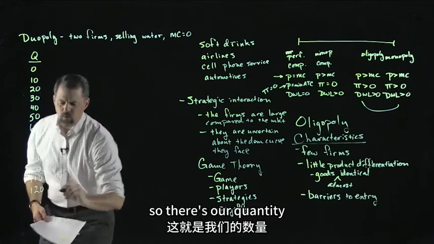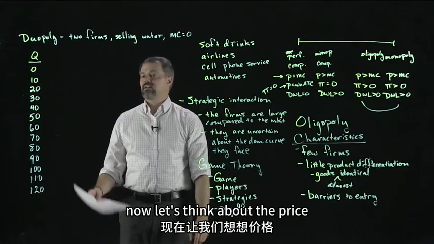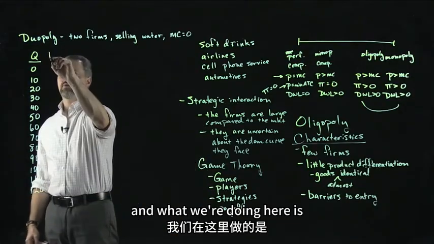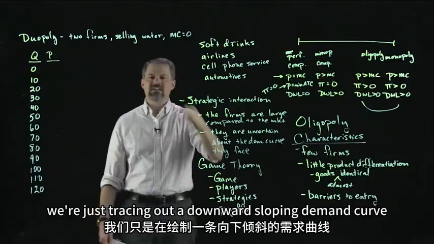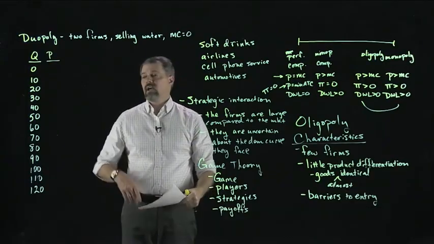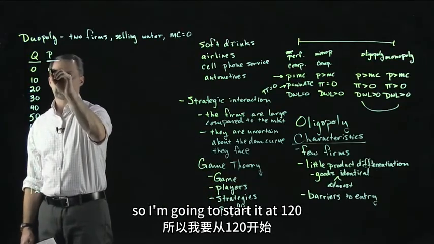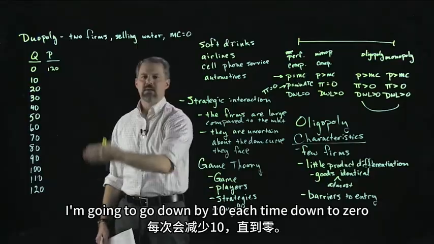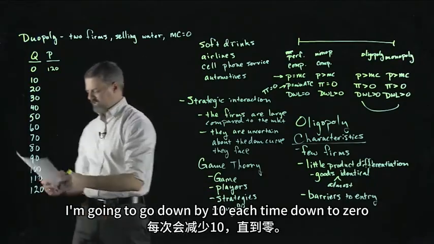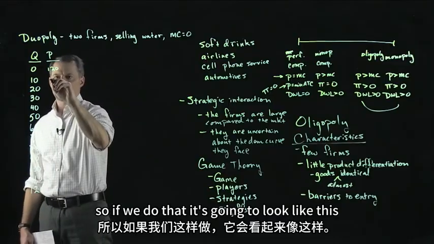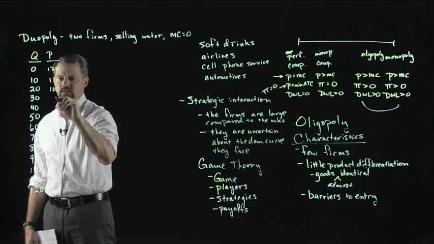So there's our quantity. Now let's think about the price. And what we're doing here is we're just tracing out a downward sloping demand curve. I want this to be a very simple downward sloping demand curve, so I'm going to start it at 120. I'm going to go down by 10 each time, down to 0. So if we do that, it's going to look like this.